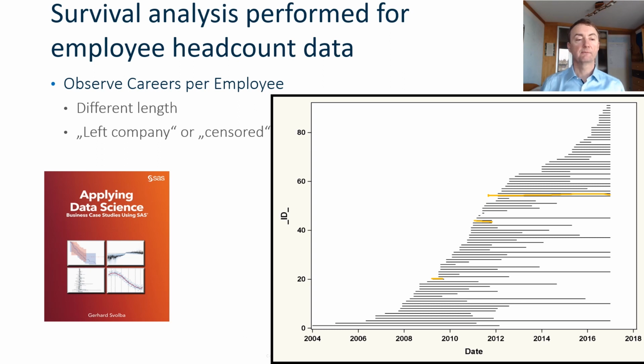This is a case study which I presented in my Applying Data Science case studies book, and I plan to run a webinar on deeper analysis with this data as part of this webinar series. Today we only take a look at how we can analyze this data in regression analysis.